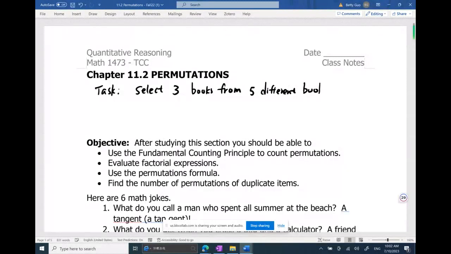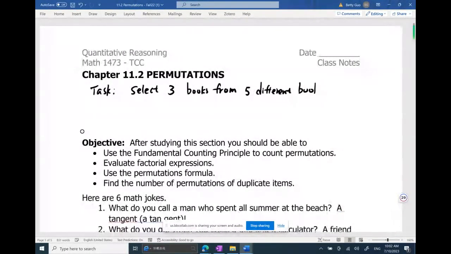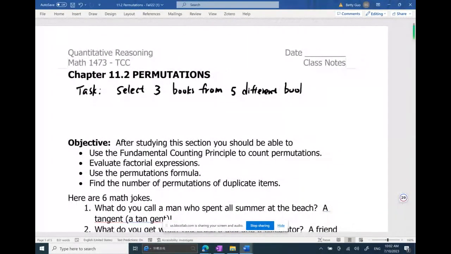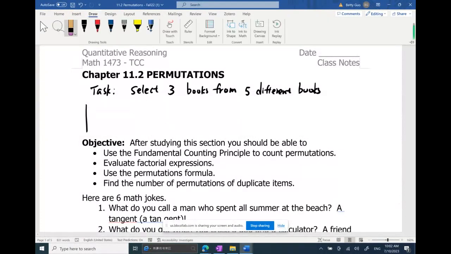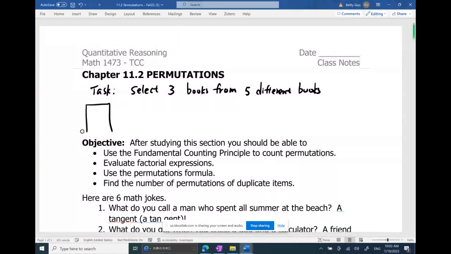Let's say you only have 5 different books and you recently purchased a bookshelf, a very tiny bookshelf, and the bookshelf is very small, so it can only hold 3 books. But you have 5 different books, right? Here your task is to select 3 from 5 different books and then put them on the shelf.